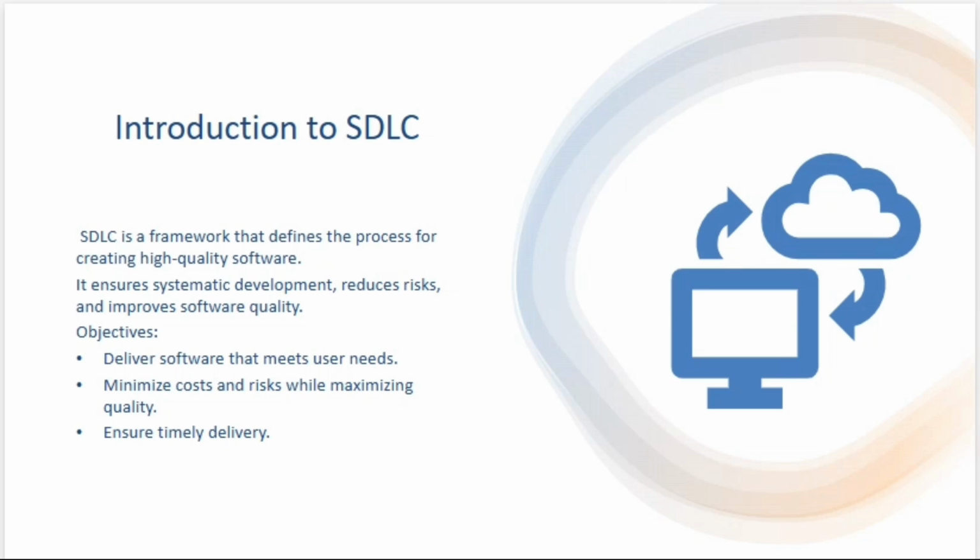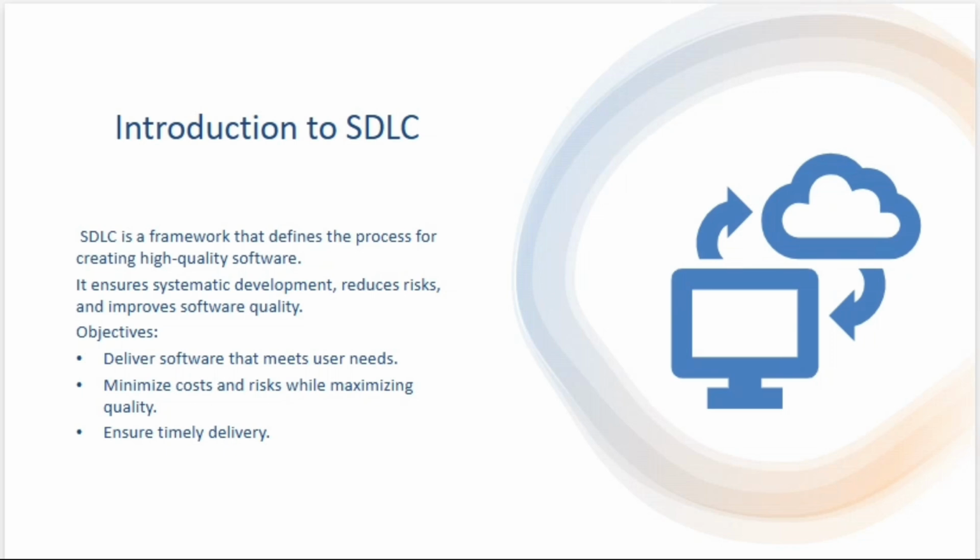There are also some objectives. Through this we can deliver software that meets user needs, minimizes the cost, minimizes the risk of bugs or defects, maximizes product quality, and ensures timely delivery of the software.